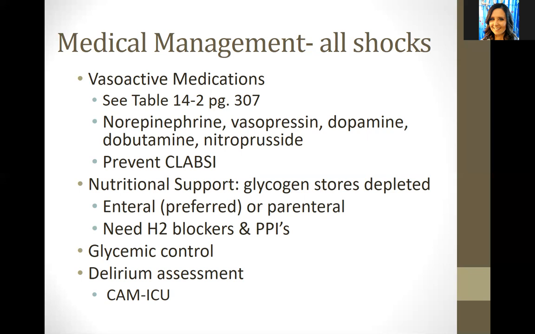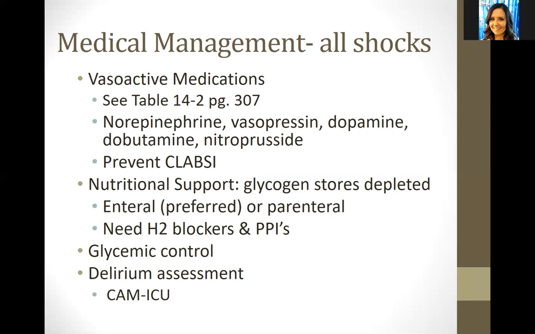We also want to assess for delirium. So delirium in the ICU is big. If our patient experiences delirium, their mortality is increased. So with delirium, we can use the Confusion Assessment Method Tool ICU, so the CAM ICU.